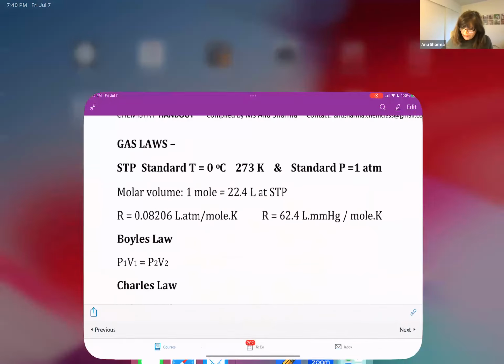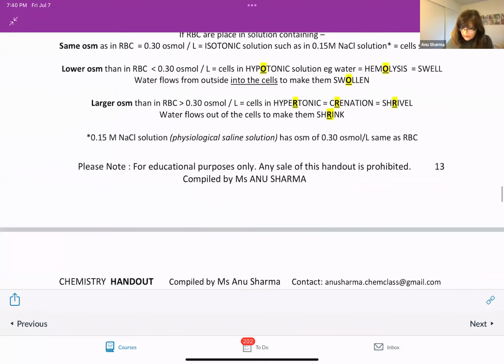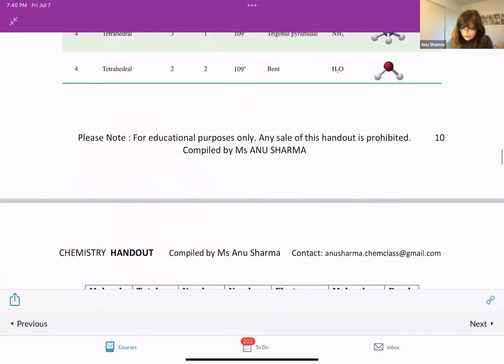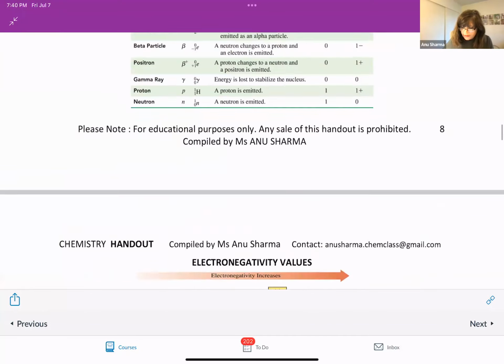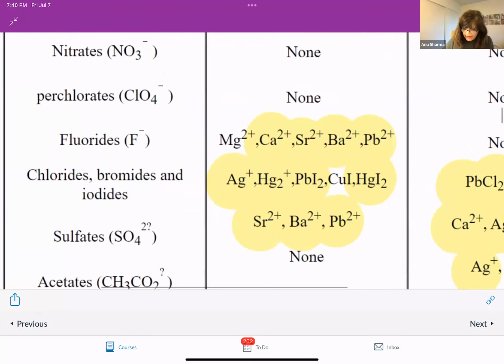How do you know? So you go back to your solubility table. And if you look in the solubility table, as I mentioned already, all chlorides are soluble in water, except chloride, bromide, iodides.